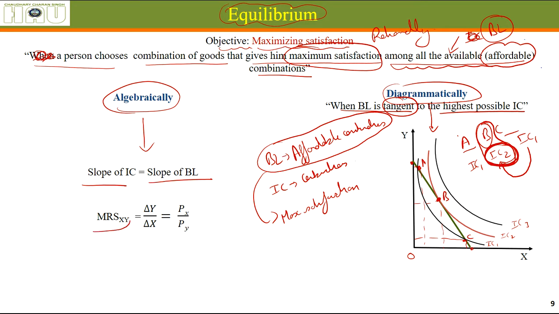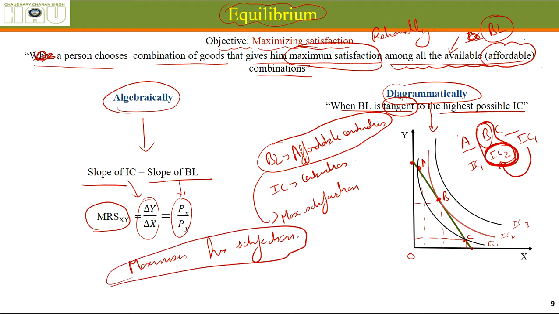So the marginal rate of substitution between x and y, delta y by delta x, is equal to the slope of this line, and the slope of the indifference curve is this line. Alright, so when these two slopes are equal, then the consumer maximizes his satisfaction. Okay, these are the two methods. One is algebraic, the second is diagrammatic. Algebraic: slopes should be equal.